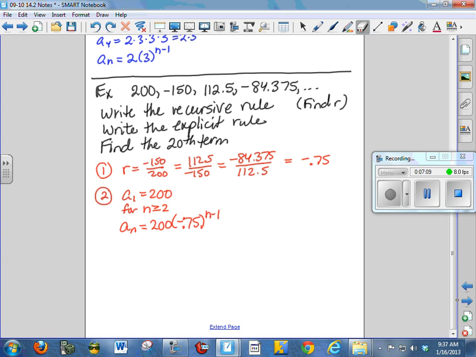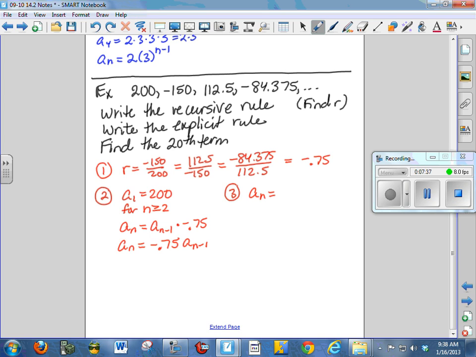Actually, I just wrote the wrong rule. Excuse me. It's a sub n minus 1 times negative 0.75. And it might actually look better to write it as a sub n equals negative 0.75 a sub n minus 1 and put that in front. So that's recursive.